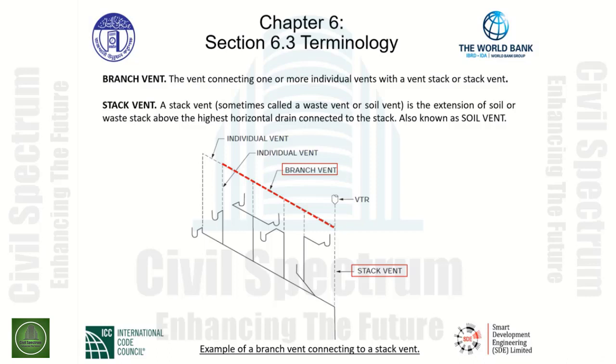Again, it connects one or more individual vents with a vent stack or stack vent. In this case, we connect multiple individual vents along the way, creating our branch vent and ultimately tying this branch vent into the stack vent as shown. This is an example of branch vent connecting into the stack vent.